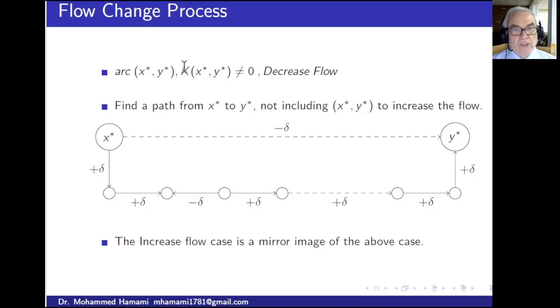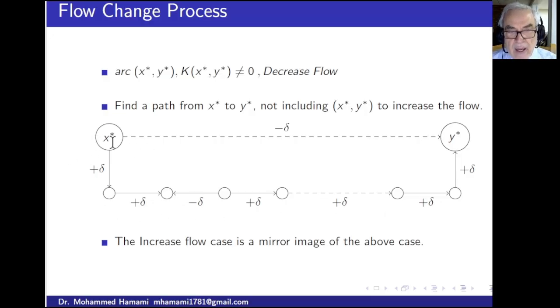One way of doing that is to change the flow on this arc. Based on the state from our matrix, we have either decreased the flow or increased the flow. So let's do the decreased flow. To decrease the flow from x star to y star, we need to find a path from x star all the way to y star where we increase the flow.